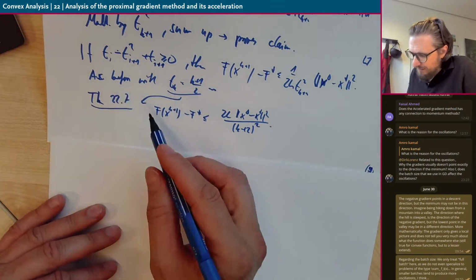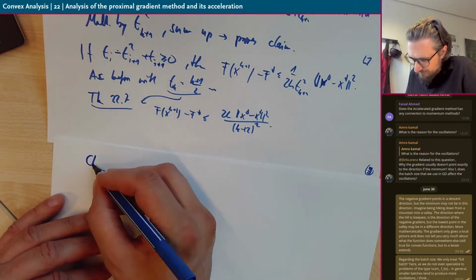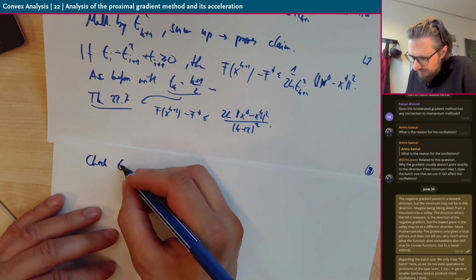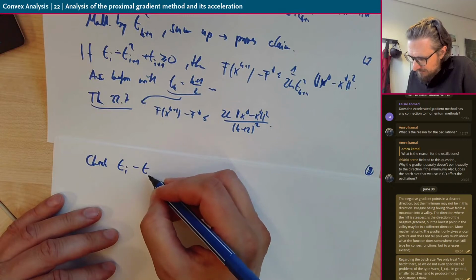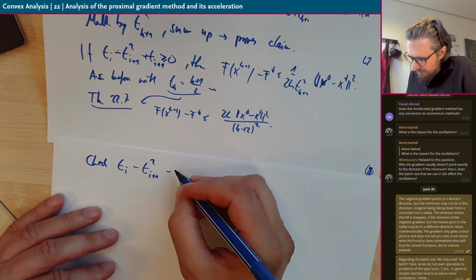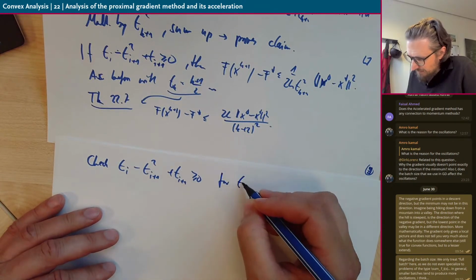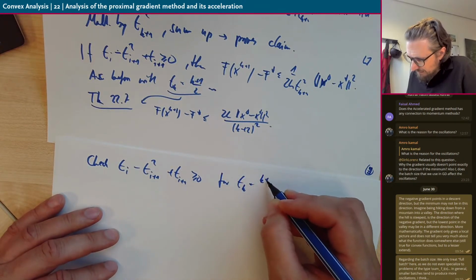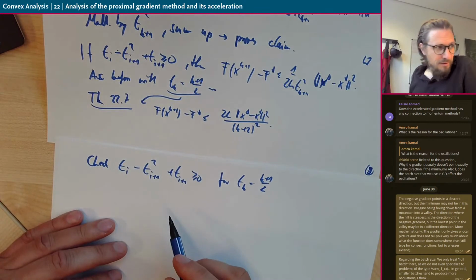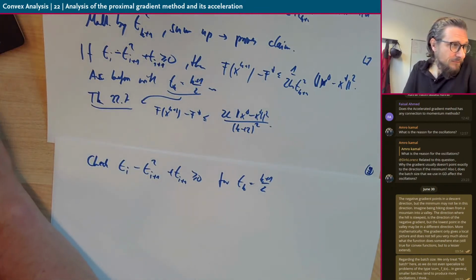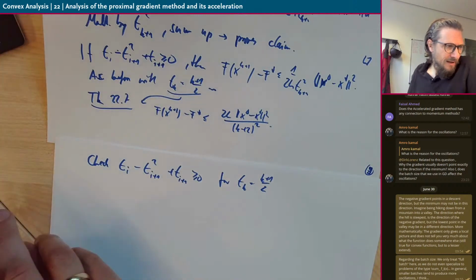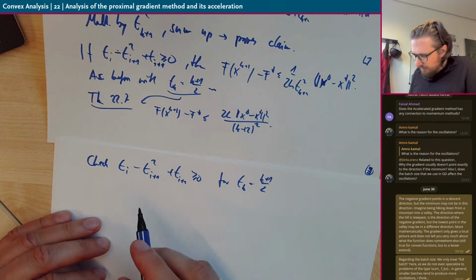So if we write that down, you check that t_k squared minus t_{k+1} squared plus t_{k+1} is smaller equal, for t_k equal (k plus 1) over 2. Okay.